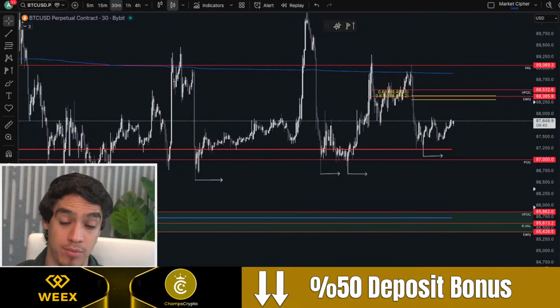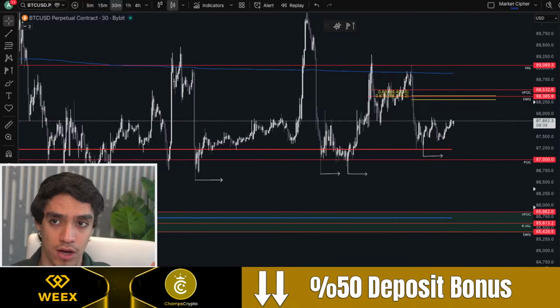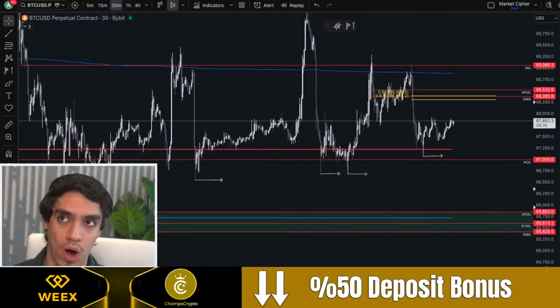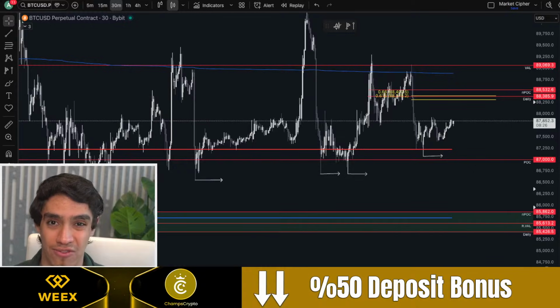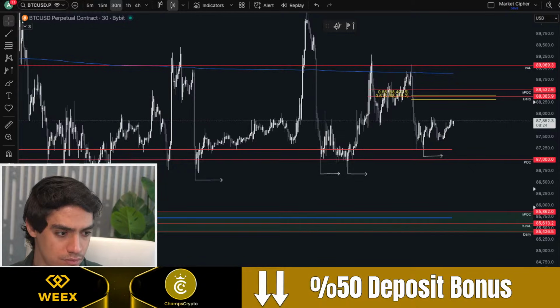Personally, it's not the end of the world if you add margin, because essentially you're just lowering the leverage by adding more of your own capital, so it doesn't do anything. But why would you do that? If you have planned out your trade ahead of time, you wouldn't need to add margin and affect the open position.